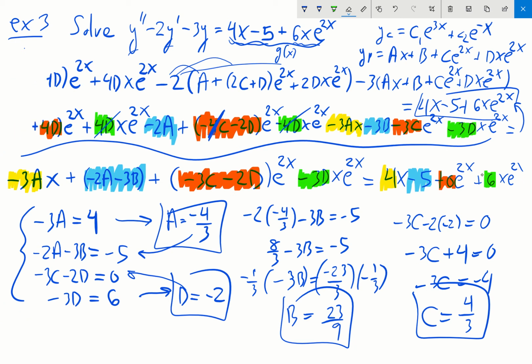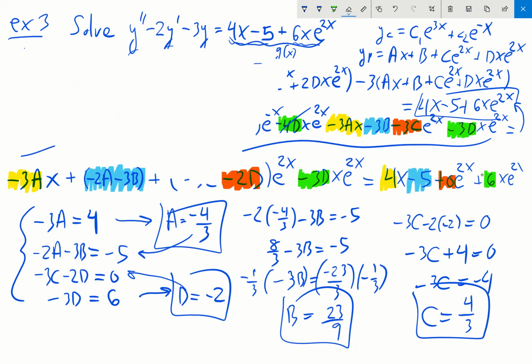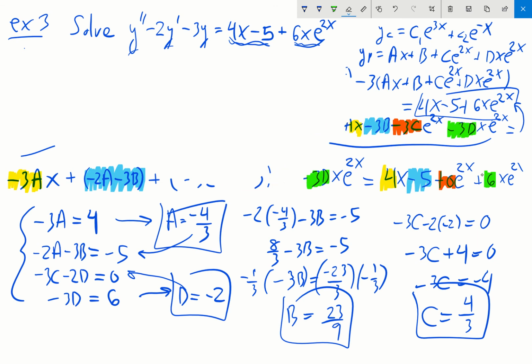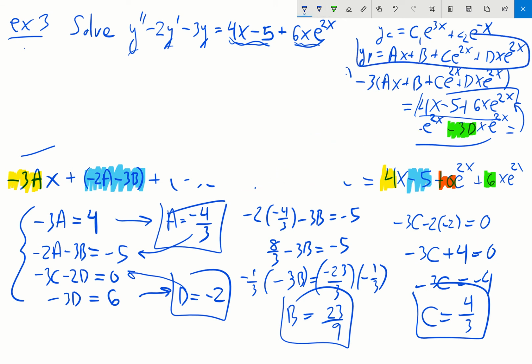Our y particular, which I had kind of highlighted the form over here.